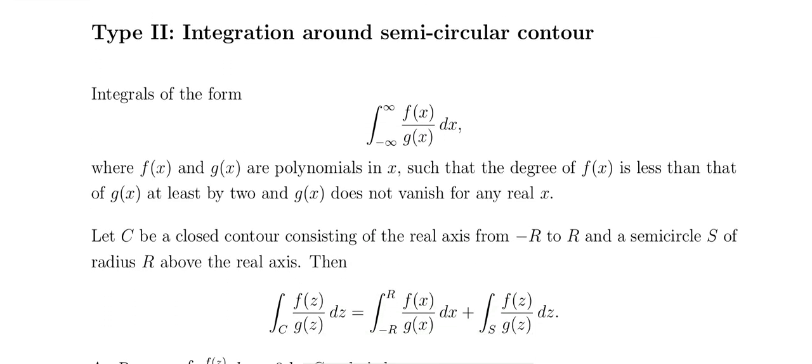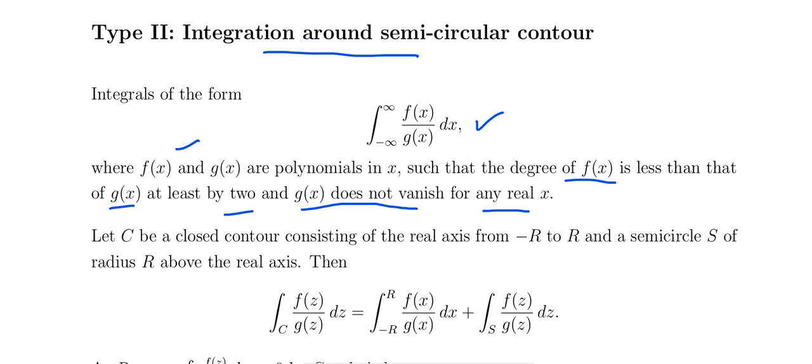Similarly, integration around the semicircular contour is the type 2 integral, minus infinity to infinity f of x divided by g of x dx. Now f of x and g of x are polynomials in x such that the degree of f of x is less than that of g of x at least by 2. g of x doesn't vanish for any real x.